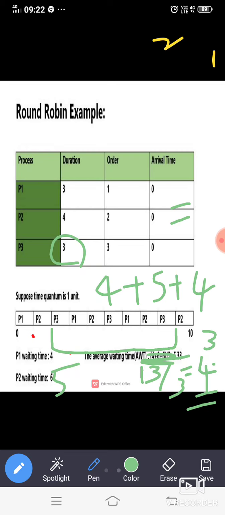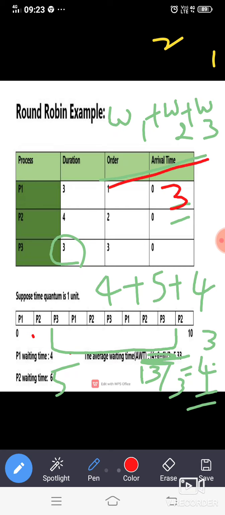Do you know what the average waiting time is? I have to add up the waiting time of all the processes: the waiting time of the first process, the second process, and the third process, and divide by the number of processes. How many processes are there? Here we have 3 processes. This is going to give us the average waiting time. For every scheduling algorithm, you need to calculate the average waiting time.